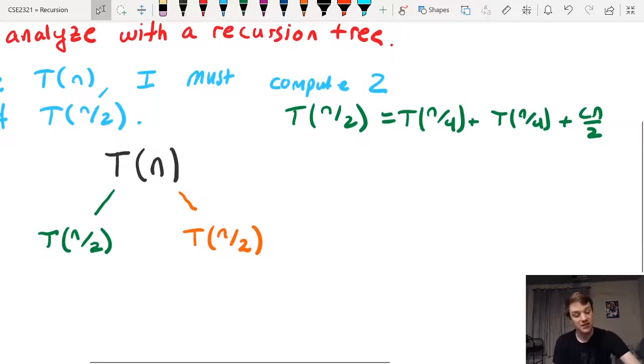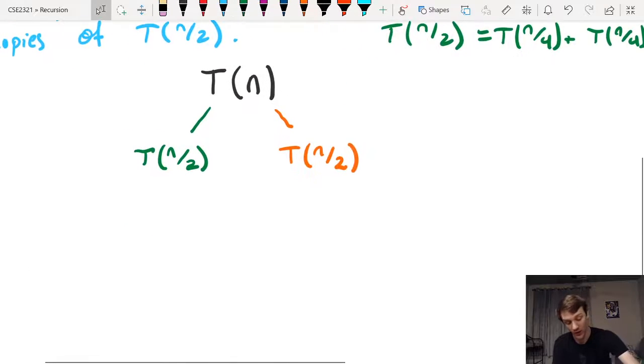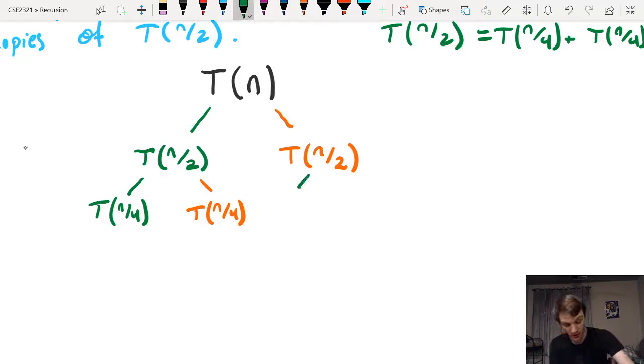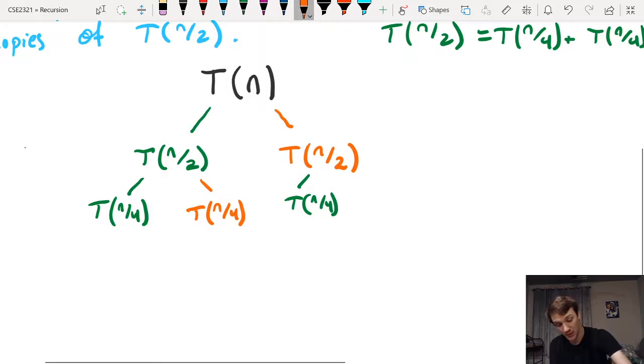So I'm going to need to compute two copies of t of n over 4. And the same thing is true for my right branch here. I need to compute t of n over 4, and I need to compute t of n over 4.